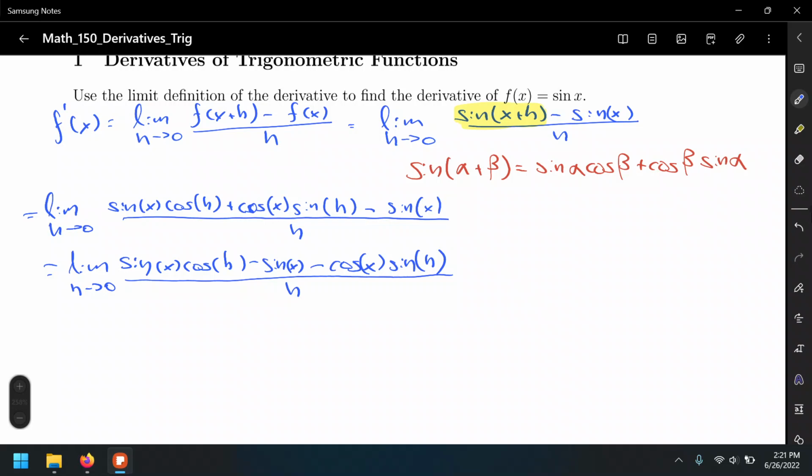The idea is to make this sine x in the first couple of terms a greatest common factor.